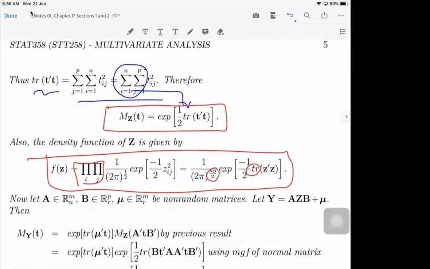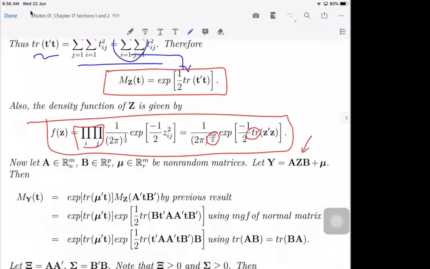So what will happen when we do a transformation on Z? Recall that our Z is standard normal, and the transformation on Z is Y equal to AZB plus mu.